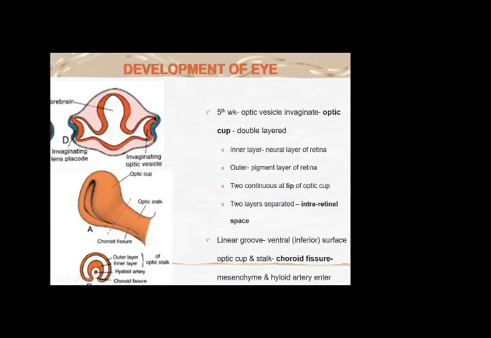So at the lip of the optic cup, the outer layer continues as the inner layer. And the two layers are separated by a space, the intraretinal space. Please also note that this space is continuous with the space inside the forebrain.